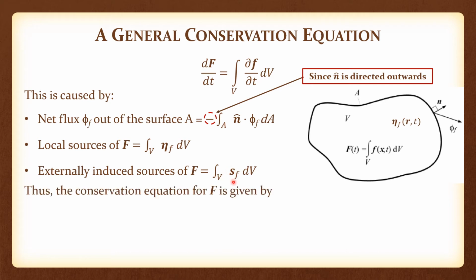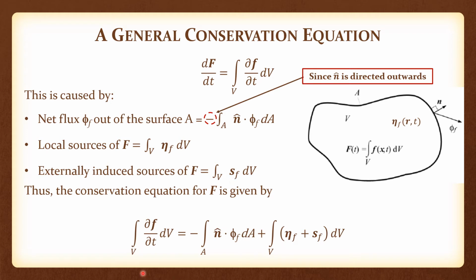Thus the conservation equation is simply given by ∂f/∂t integrated over the entire volume equals the surface integral of the flux dot product with the outward normal, which is the net flux, plus the local sources and external sources put together in the volume.